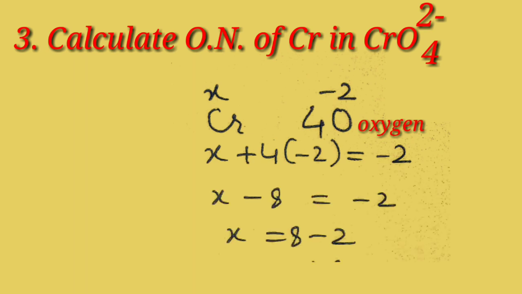Students, generally in neutral molecules, we write sum of all oxidation number as 0. But in this case, sum of all oxidation number is equal to its charge. Therefore, we have to write over here -2. So on substituting, we get the oxidation number of chromium as +6.